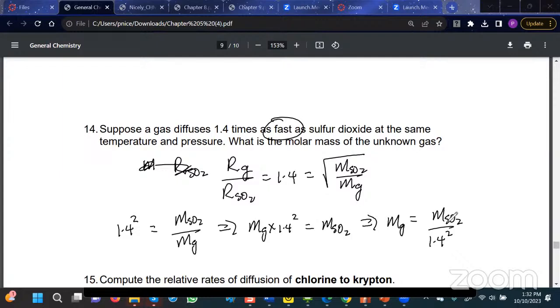So I got as the molar mass of sulfur dioxide 64.07 grams per mole divided by 1.4 squared. And let me see what that is equal to. So divide by 1.4 squared. Okay, so according to my calculation, this works out to be equal to 33 grams per mole. And that's how you do that.